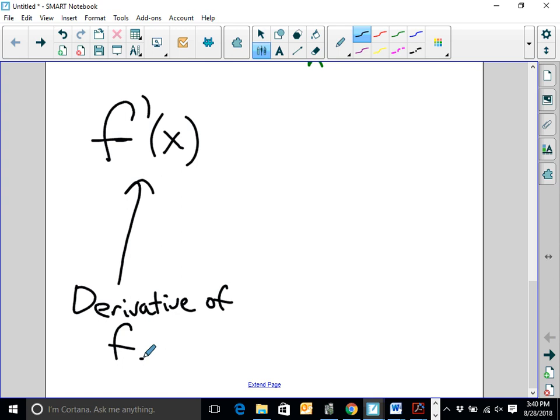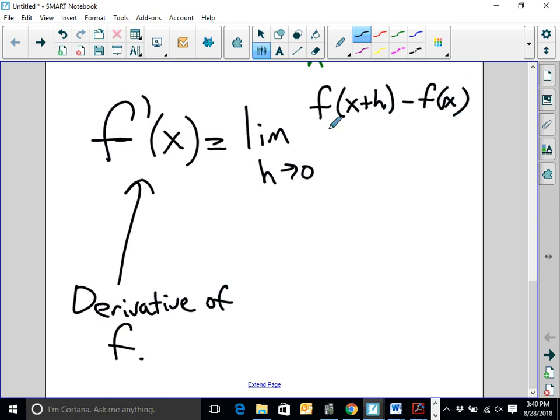So f prime of x is a notation that you'll be very comfortable with as we proceed through here. That just means the derivative of f. So f prime of x is defined as the limit as h goes to 0 of f of x plus h minus f of x over h.